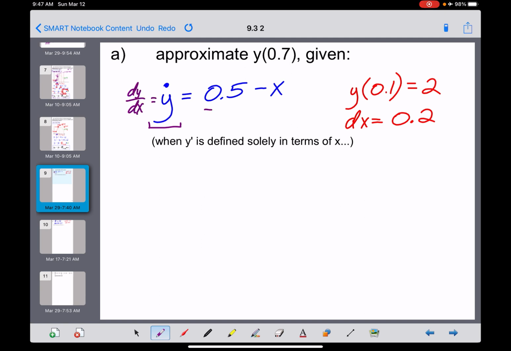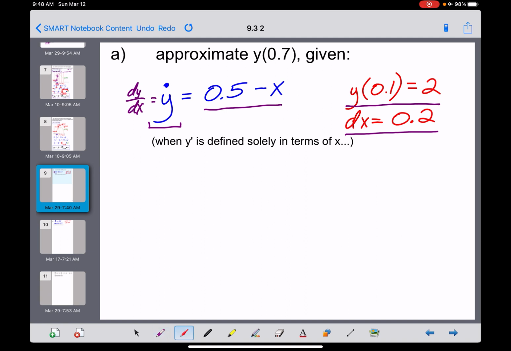And we're given a linear derivative here, 0.5 minus x. You're given an initial condition right over here, 0.1 comma 2, and you were given the value of delta x, dx in this case. Either one's really the same, and we were told that was going to be a constant. So our x values here are always going to increase by 0.2.